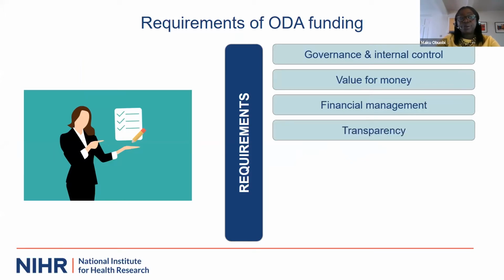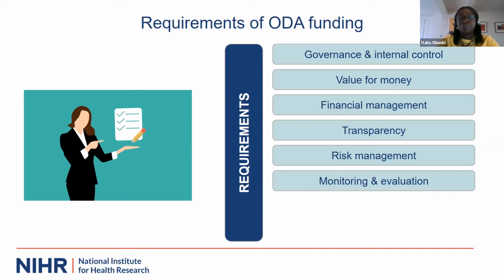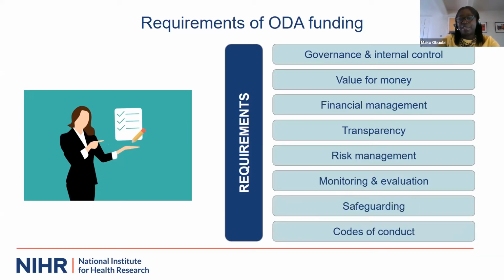And then there are also requirements around transparency and publishing information on the use of ODA funds, ensuring that there's a clear understanding of likely risks and appropriate mitigation actions in place, arrangements in place for monitoring and evaluation, to measure success and outcomes, safeguarding, and then codes of ethics.